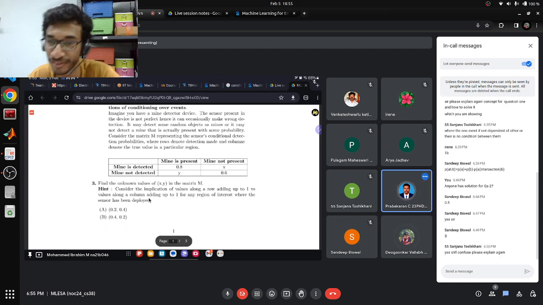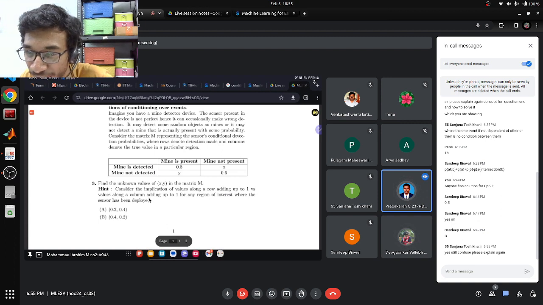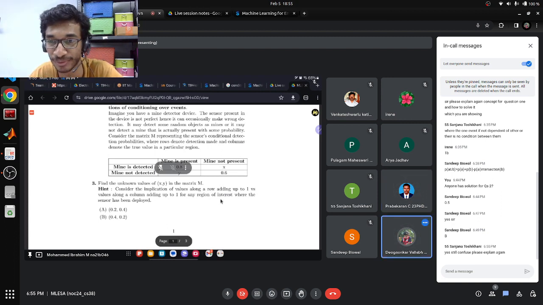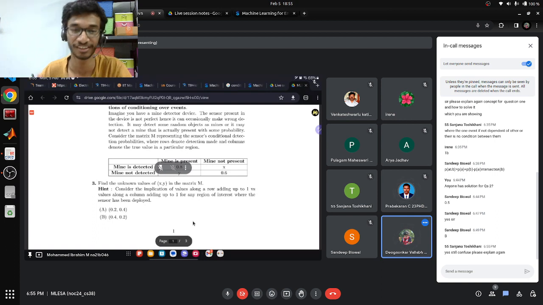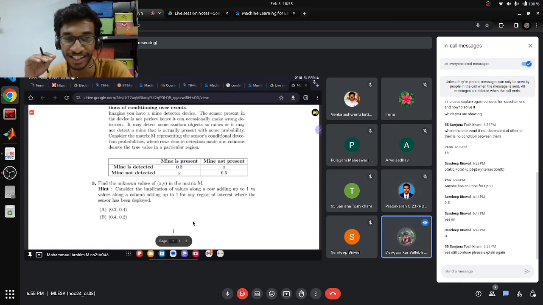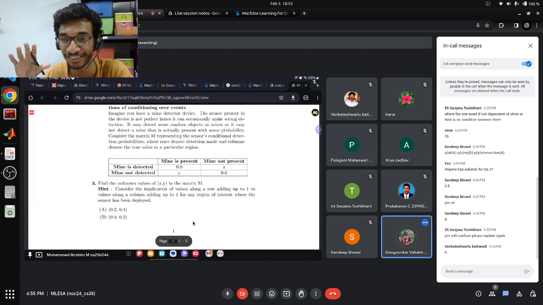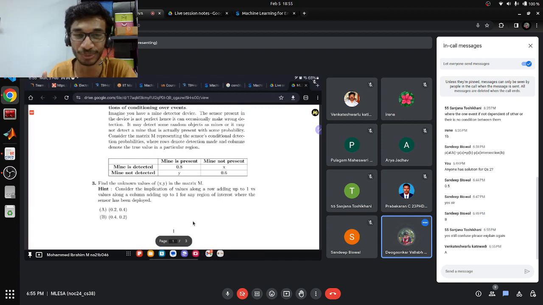You have a question? You're still confused? Please explain again. Okay, so Sanjana is asking to explain again, so I'll go through this again. What I'm essentially saying is that here the columns adding up to 1 is not really a sensible thing, because that would imply that for any random region you are picking, you are just going to get mine is present has to be true.